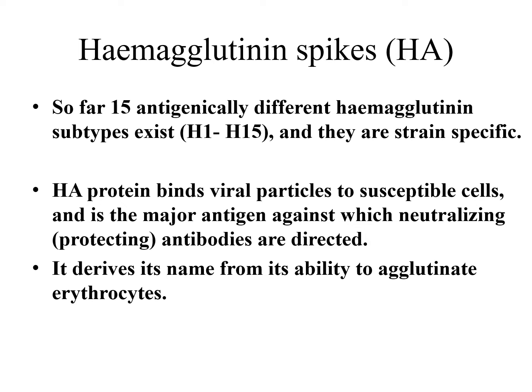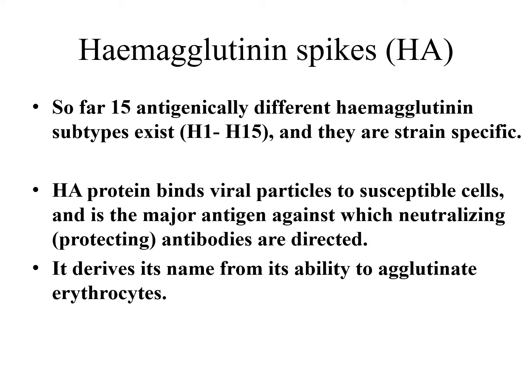For influenza viruses, we have the hemagglutinin or the spikes. We have 2 types of spikes. We have the hemagglutinin or the HA or the H, and the neuraminidase or the NA or the N. And there are more than 15 or even 17 types of the hemagglutinin spike.